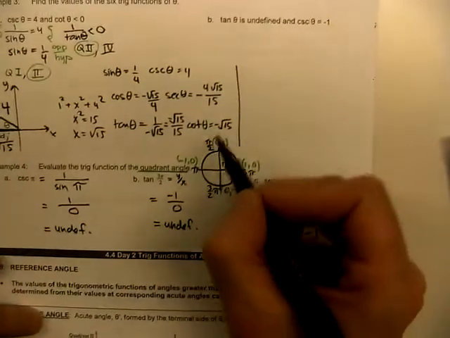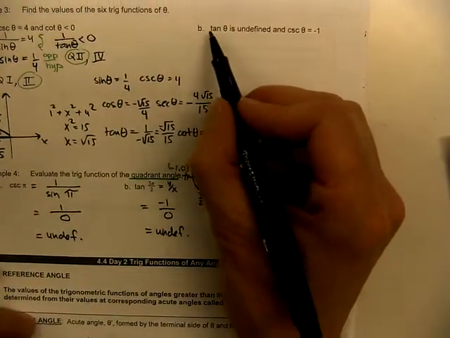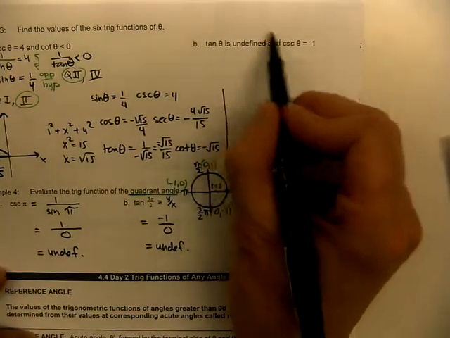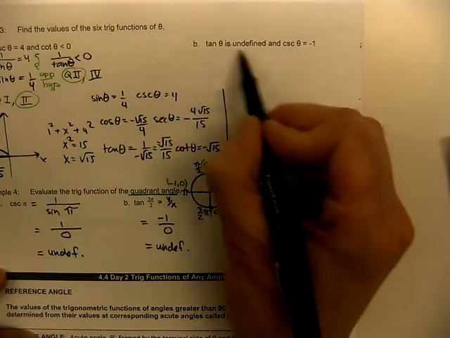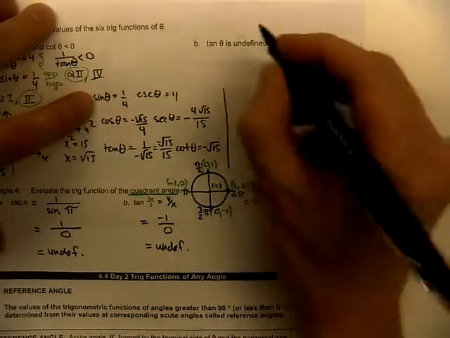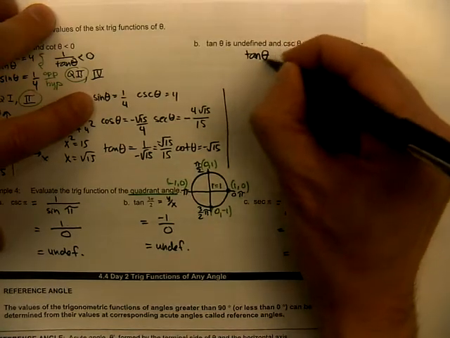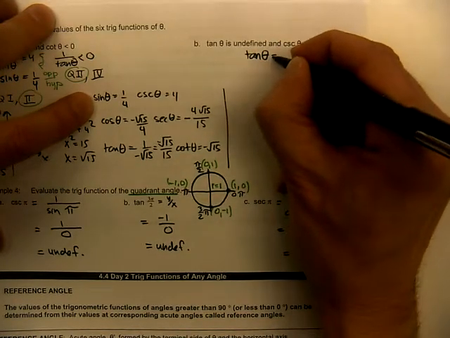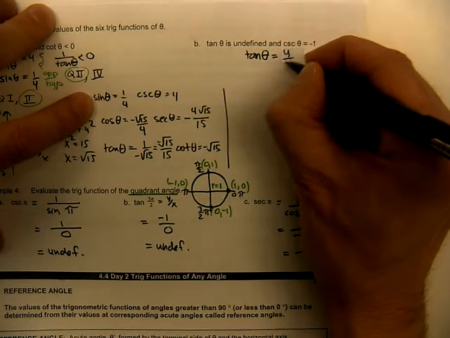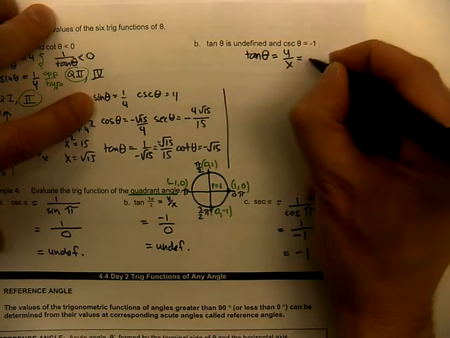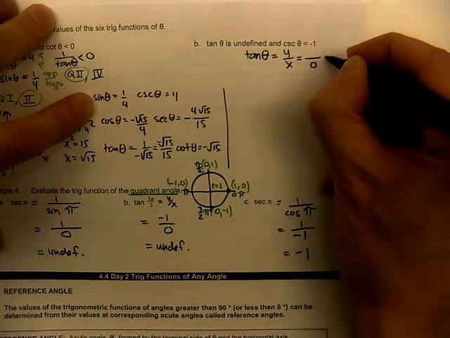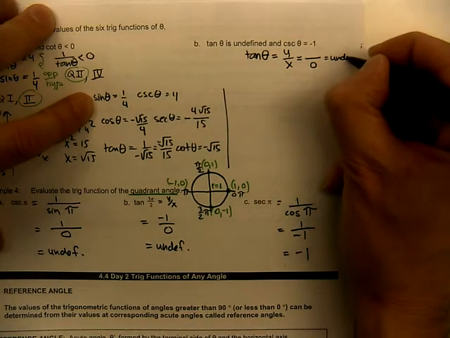So if you back up to example 3, part B, where it says tangent of theta is undefined, that means we're dividing by 0. So let's think about what's happening here. Tangent of theta, I don't know where I'm at on the unit circle, but I have the situation where tangent is y over x, and if I'm getting an undefined result, I have to be dividing by 0.